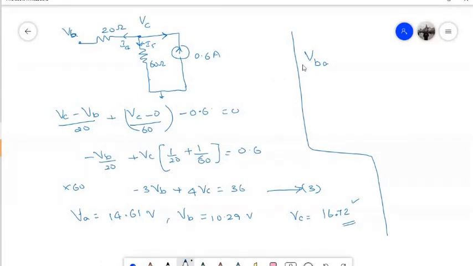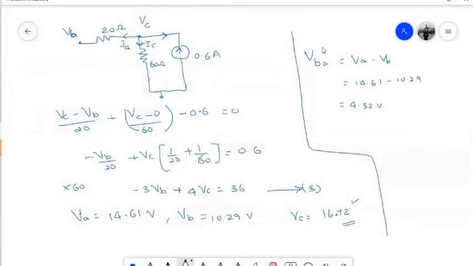Now, how to find that? We know that VA is actually at a higher potential, so we are subtracting VA minus VB. So that will give you nearly 14.61 minus 10.29, we will be getting nearly 4.32 volt.